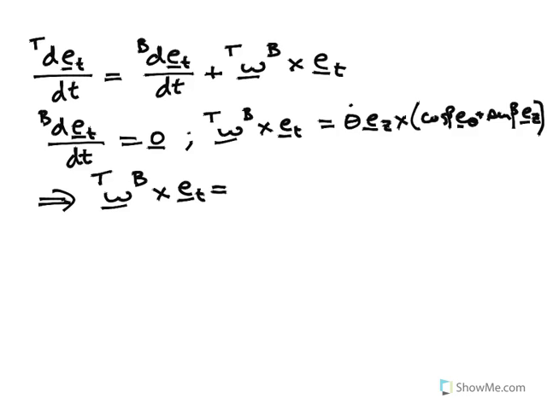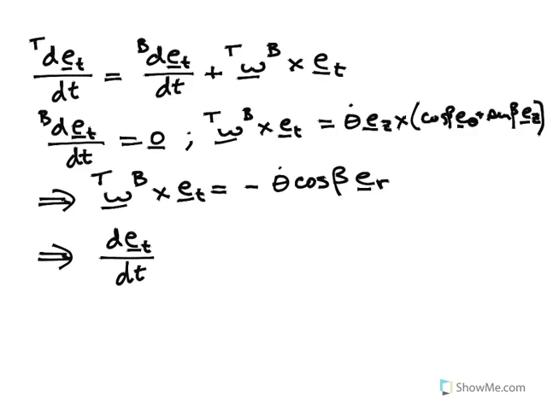So what we get is minus theta dot times the cosine of beta times Er, which gives that the rate of change of the tangent vector as viewed by an observer fixed to the track is minus theta dot times the cosine of beta times Er.